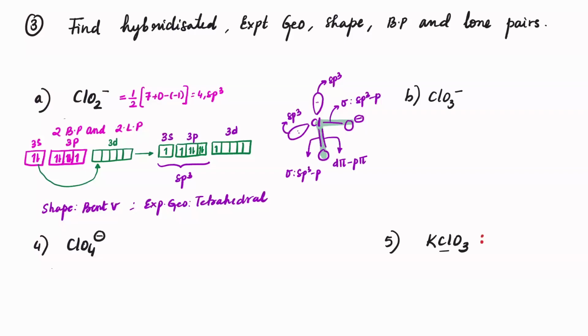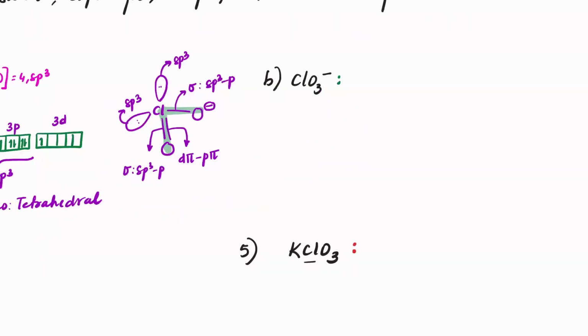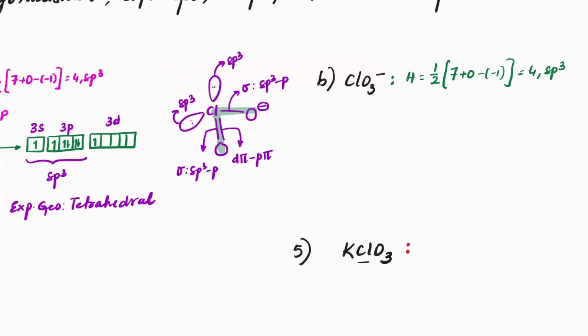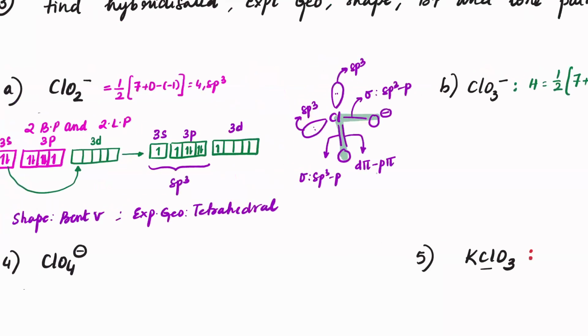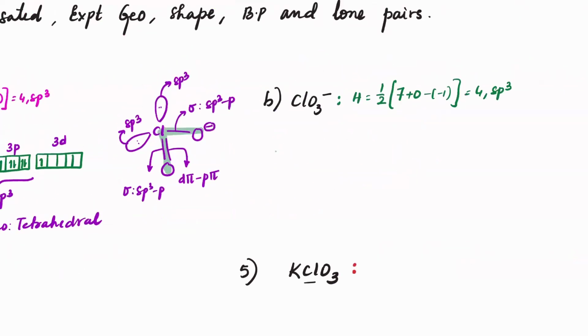ClO3 minus. In the case of ClO3 minus, steric number is half of 7 plus 0 minus of minus 1, which makes it 4, and that is sp3. If it is sp3, what do we get?